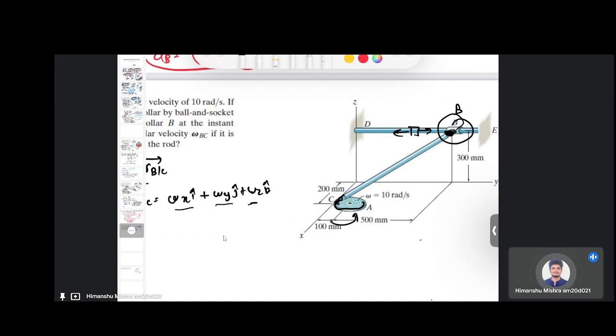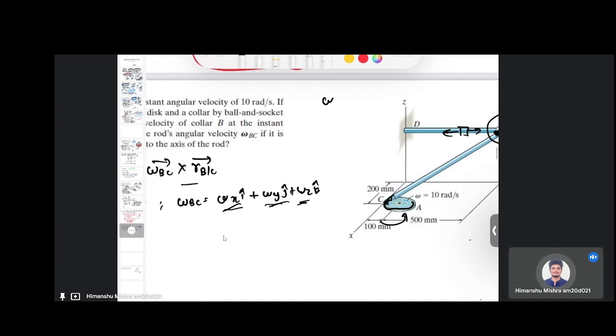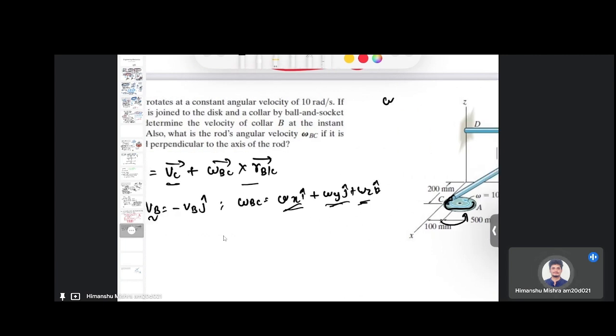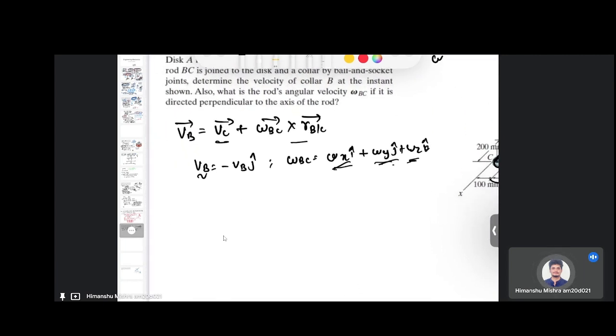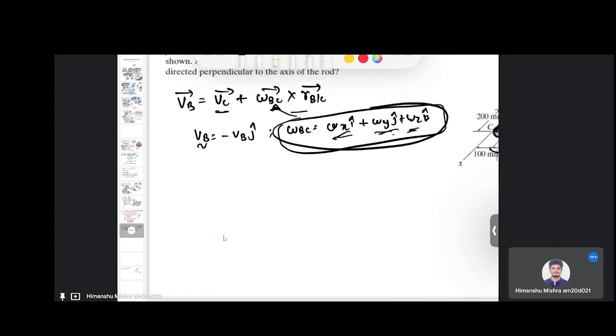So it has some rotation along the x, y and z axes, which is given by omega x, omega y and omega z. We don't know these quantities, and we need them to calculate the translating velocity of point B. So first let's calculate omega x, omega y and omega z.